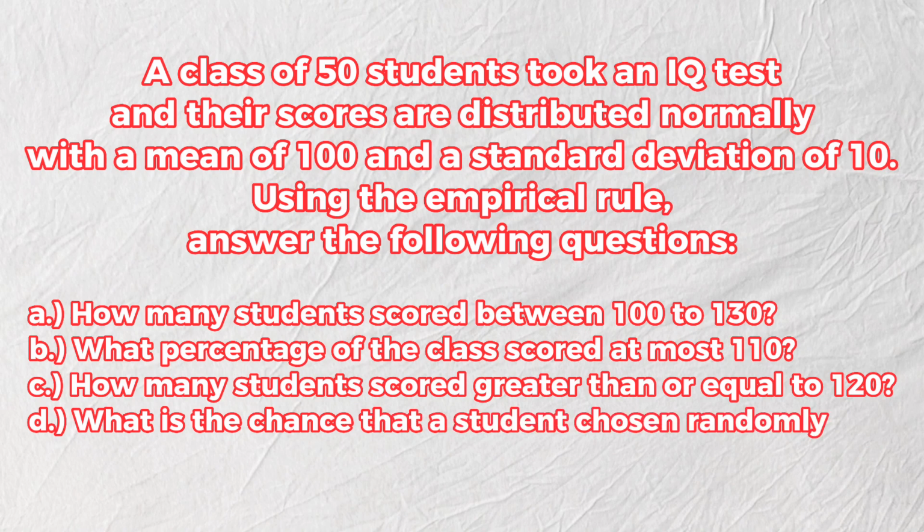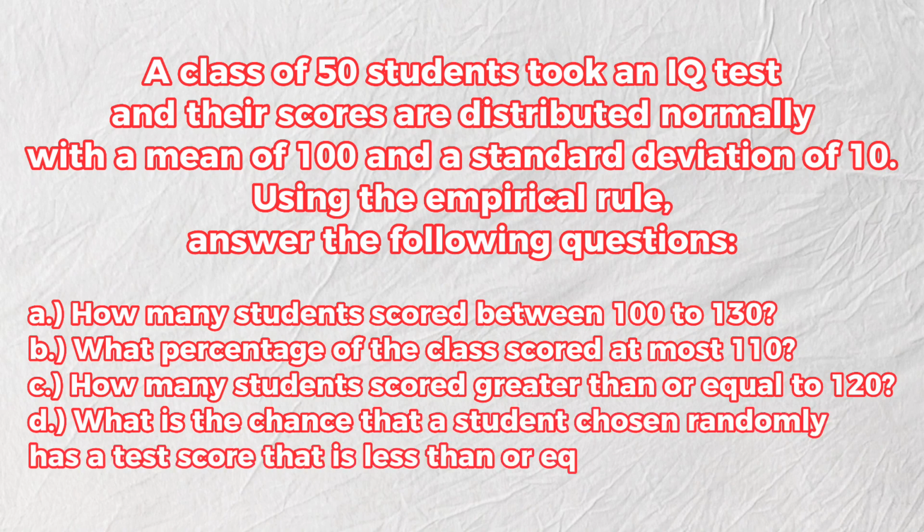B. What percentage of the class scored at most 110? C. How many students scored greater than or equal to 120? And D. What is the chance that a student chosen randomly has a test score that is less than or equal to 80?